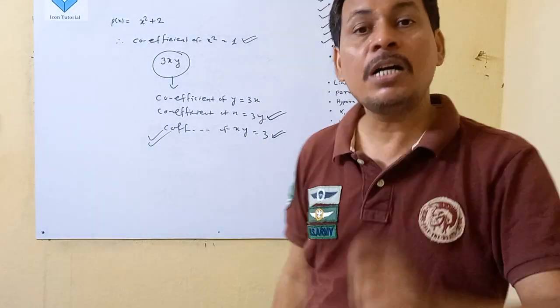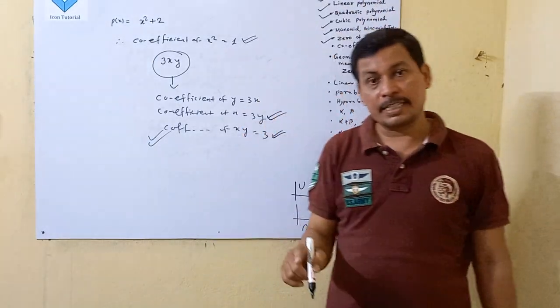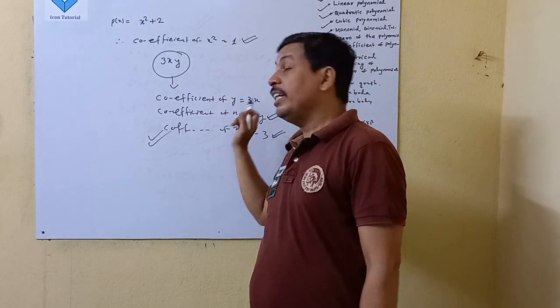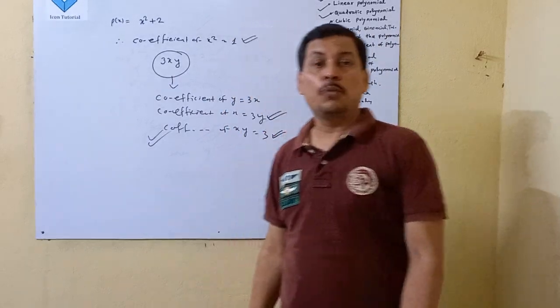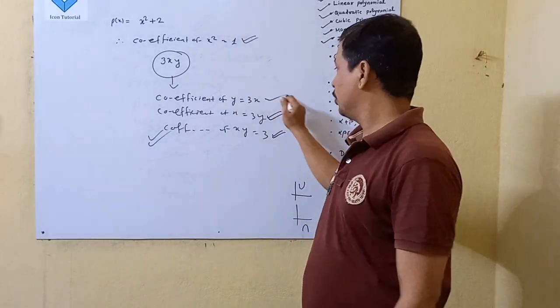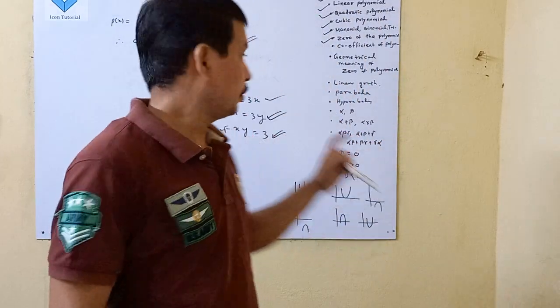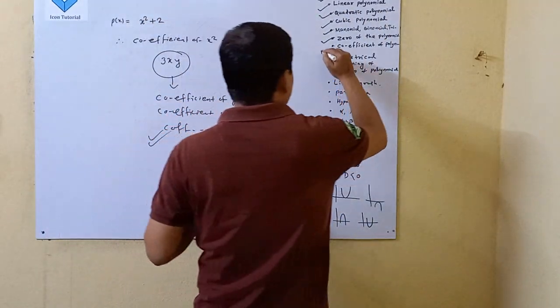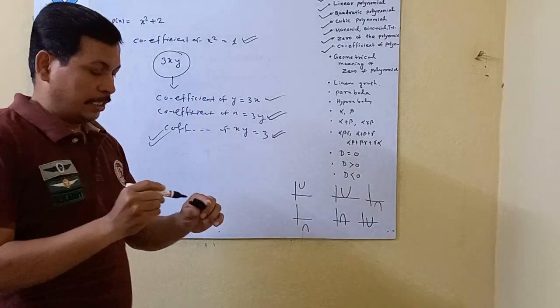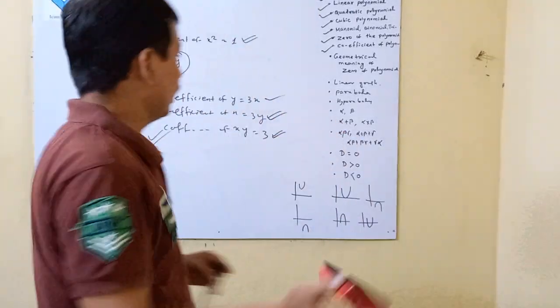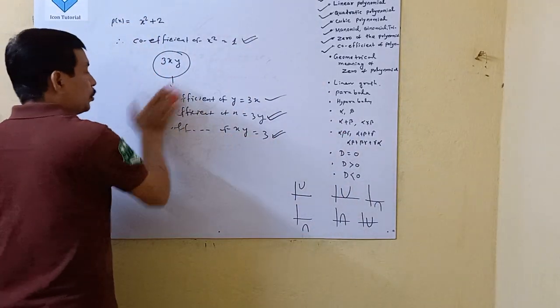So 3y is the coefficient of x. Similarly, 3x is the coefficient of y. Understood? So this is the coefficient. I hope you understood what is coefficient.